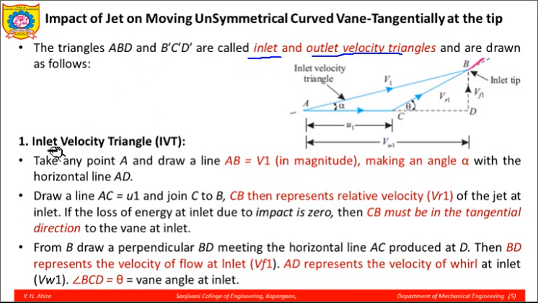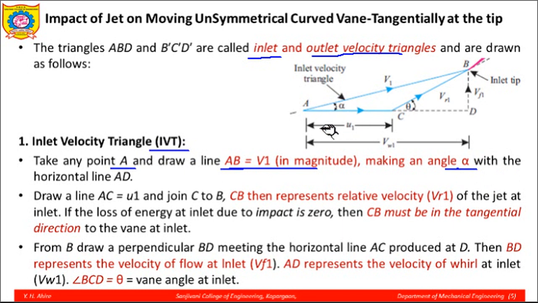So let us see the construction of the inlet velocity triangle, also known as IVT. First, take any point A and draw a line AB equal to V1 in magnitude, making an angle alpha with the horizontal line AD.